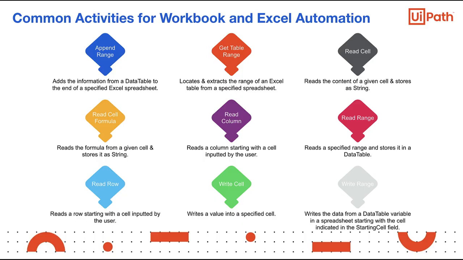Write range writes the data from a data table variable in a spreadsheet starting with the cell indicated in the starting cell field. If the starting cell isn't specified, the data is written starting from the A1 cell. If the sheet does not exist, a new one is created with the sheet name value. All cells within the specified range are overwritten.